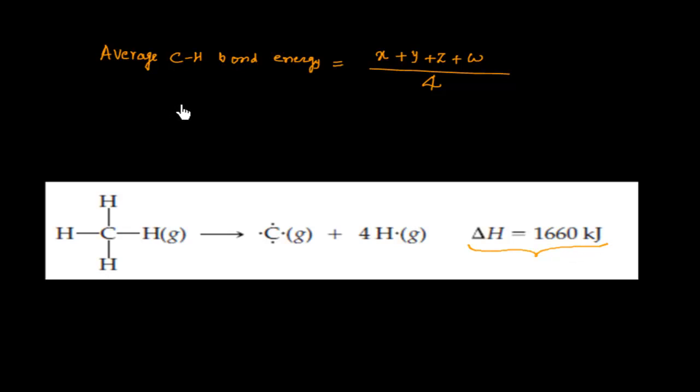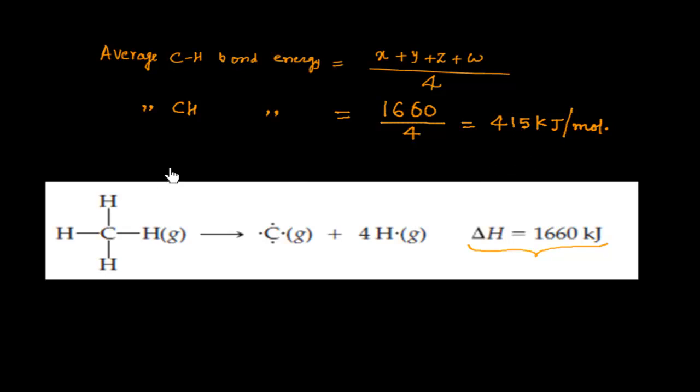So now we can calculate the average C-H bond energy. This is 1660 divided by 4, so this is 415 kilojoule per mole.